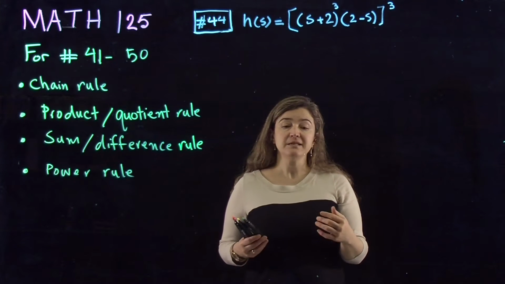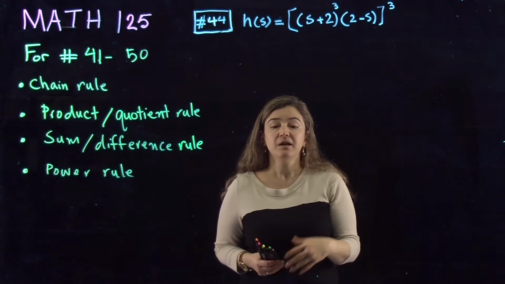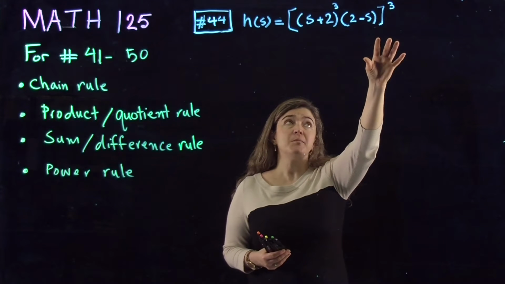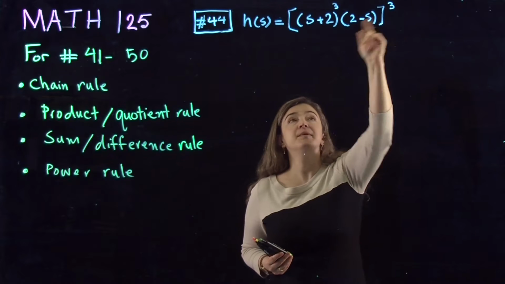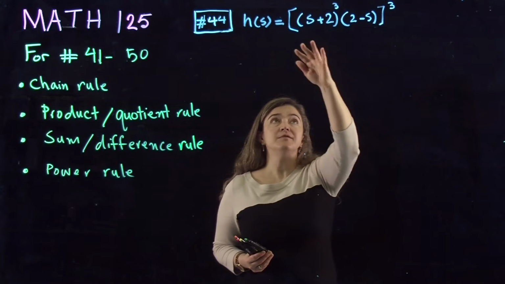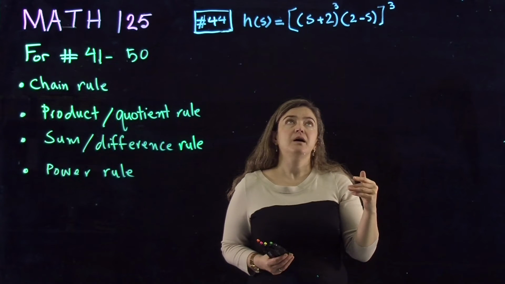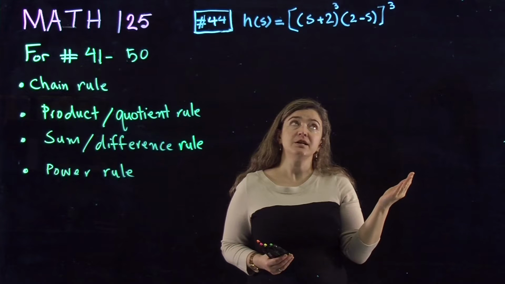One way of doing this is just going with how the format is right now. When I'm looking at this format, I see that there is an outside function that is to power 3. Then I observe that the inside function is a product rule. So let's take the derivative of the outside function.